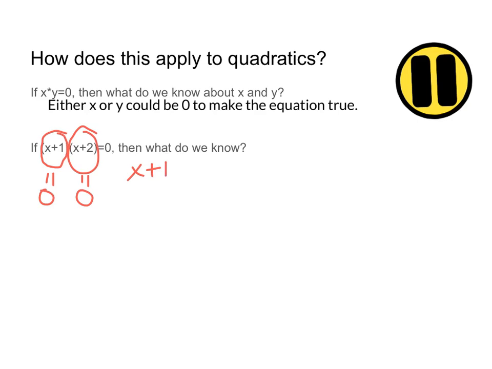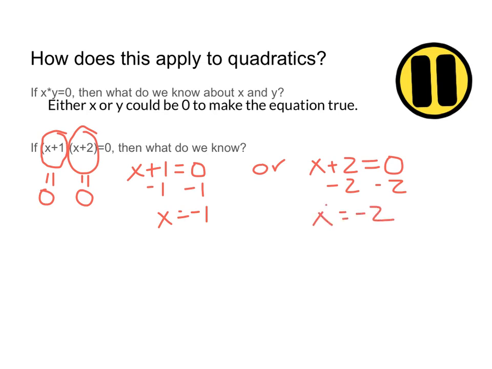We're going to say that x plus 1 could equal 0 or x plus 2 could equal 0. And then we just solve. So in this case, we say that x can be negative 1 or negative 2.